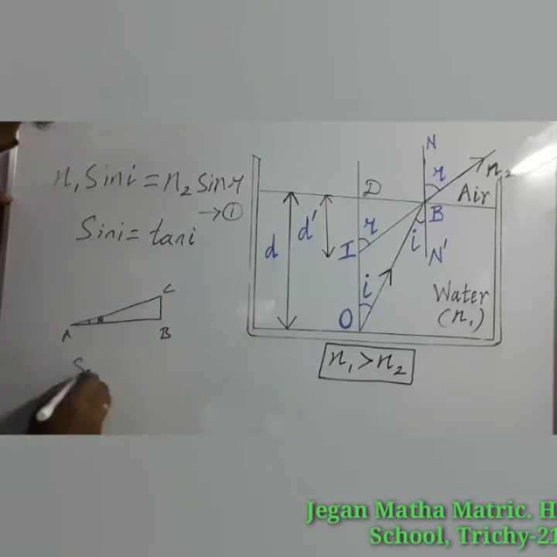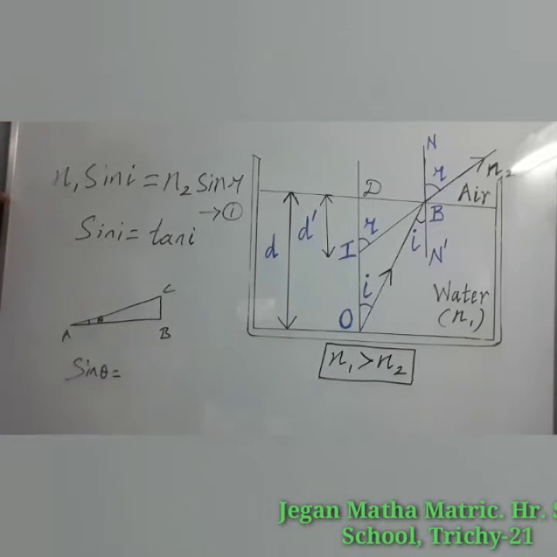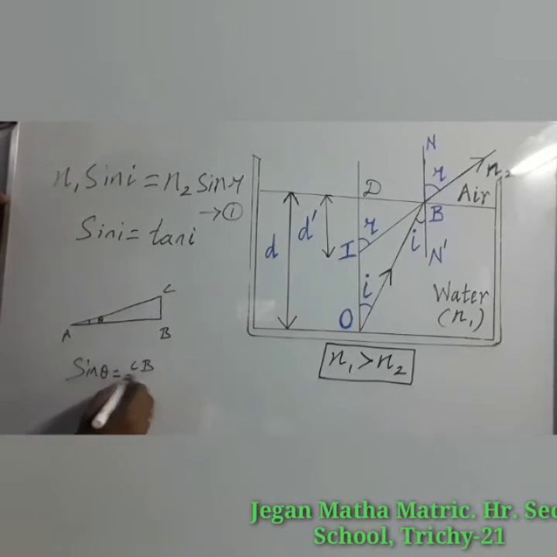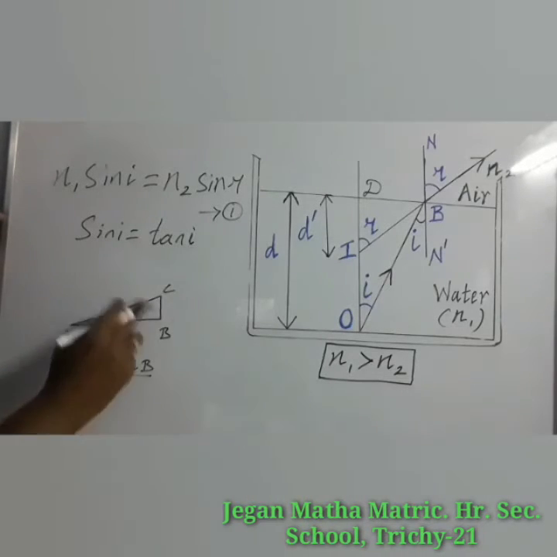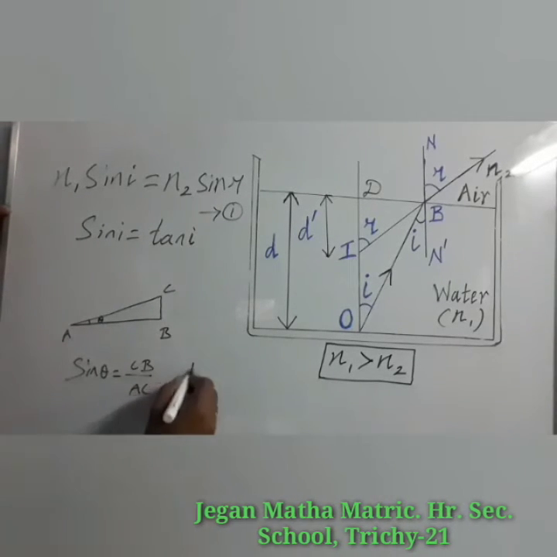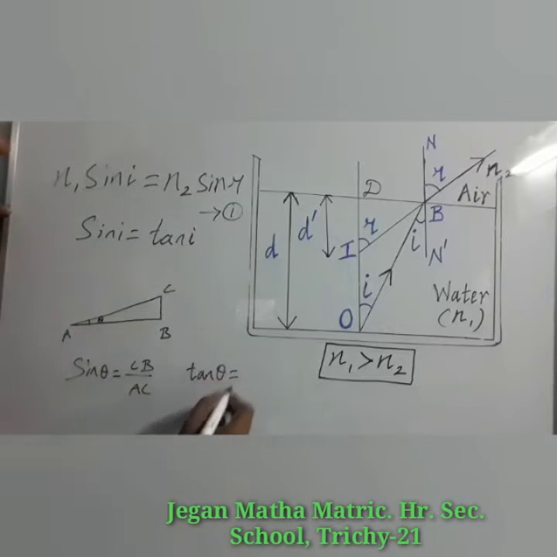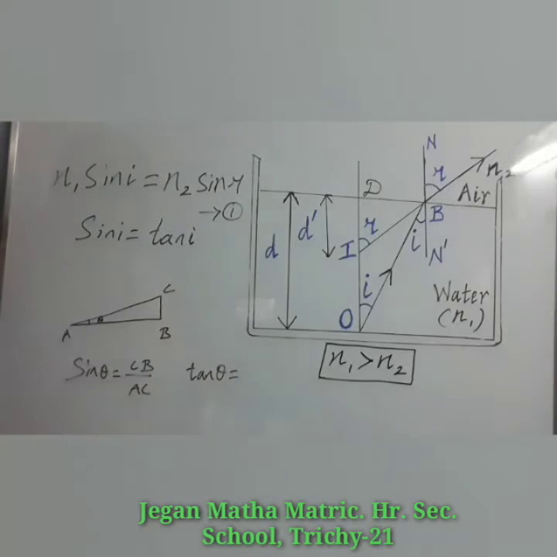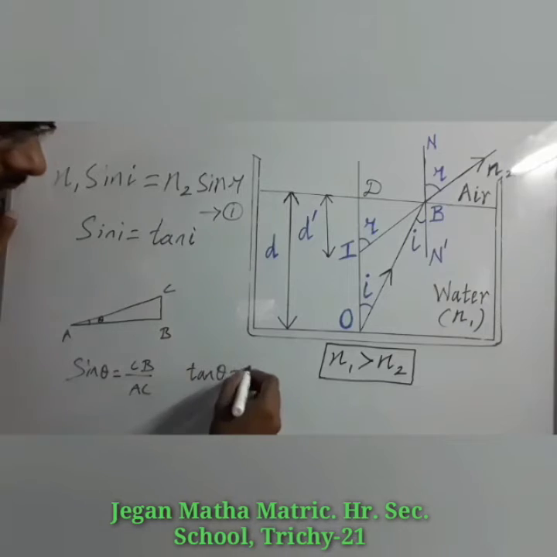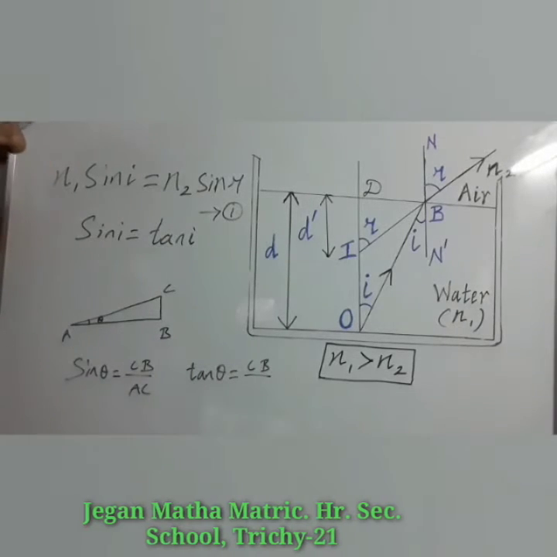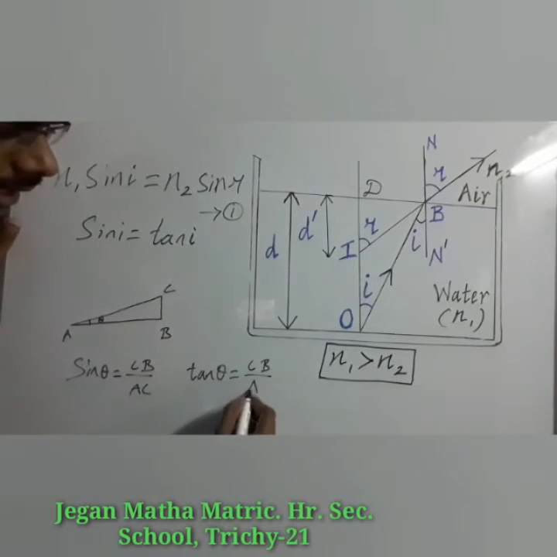What is the value of sin theta? CB by opposite side by hypotenuse. What is the value of tan theta? Tan theta is equal to opposite side by adjacent side, that is CB by adjacent side AB.